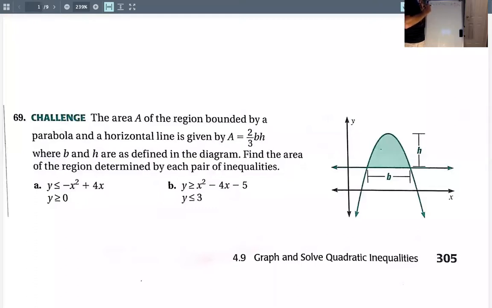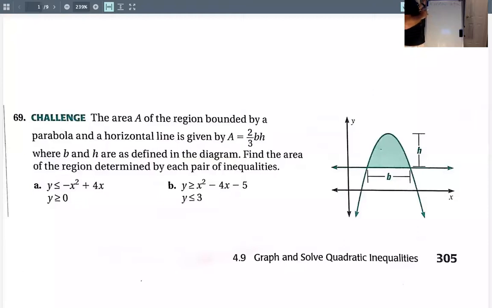And letter B there, that's all happening in the negative region, under the x-axis. A is all occurring above the x-axis. B is occurring below the x-axis.